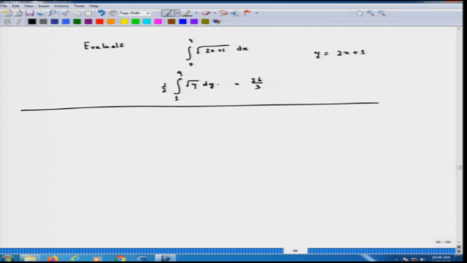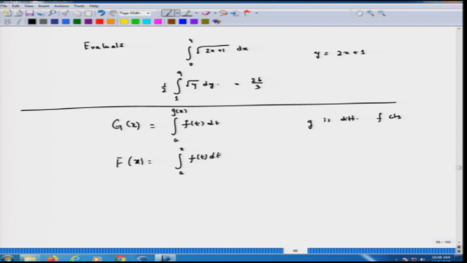Okay. So, now let us see, when we are talking about the fundamental theorem of calculus, suppose I have capital G of x equal to the integral from a to g of x of f of t dt, and here small g is differentiable, and f is continuous, given to us. Instead of x, I have a to g of x. Now, if I define F of x to be the integral from a to x of f of t dt, now f being continuous, this capital F is also differentiable by the fundamental theorem of calculus.